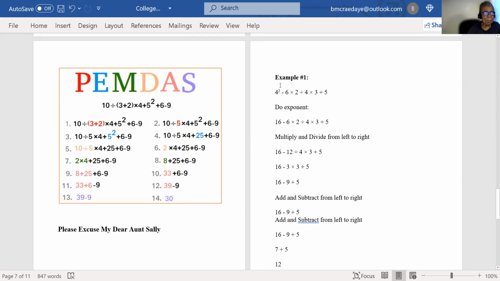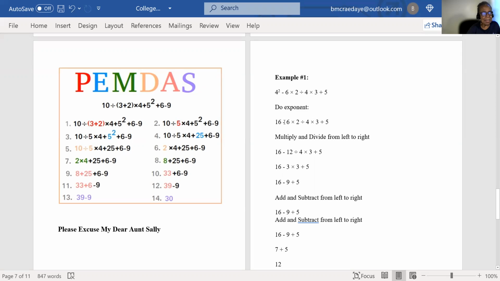4 to the second power minus 6 times 2 divided by 4 times 3 plus 5. Now, which one do you do first? Do the exponent, right? Because you don't have any parentheses here. So the exponent is 4 to the second power. That gives you 16, right?